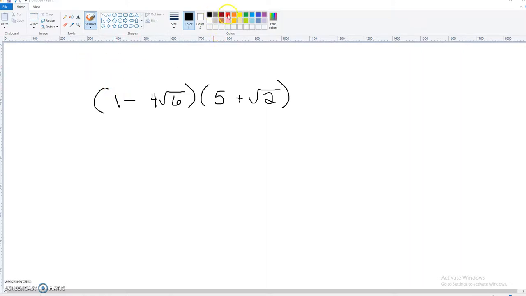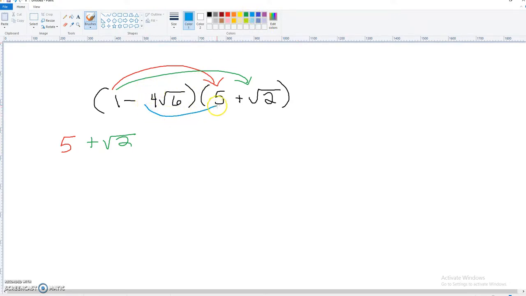We'll start with red. So 1 times 5 gets us 5. 1 times the square root of 2 is just the square root of 2.